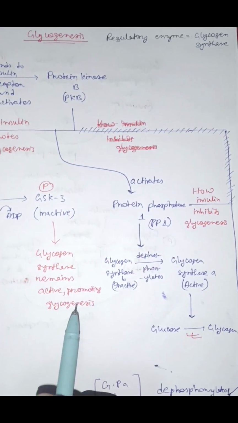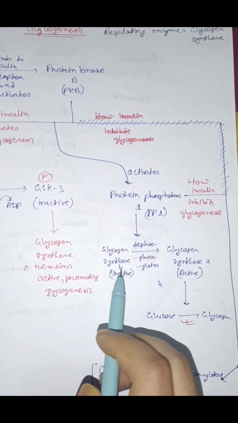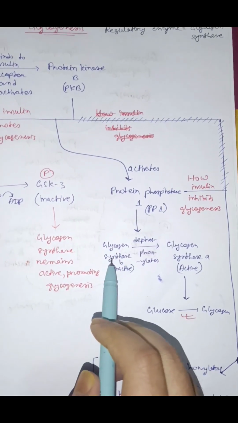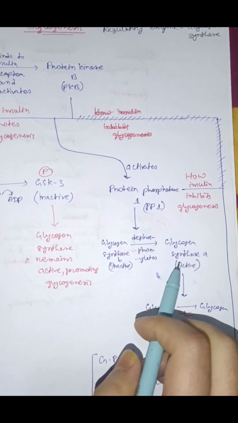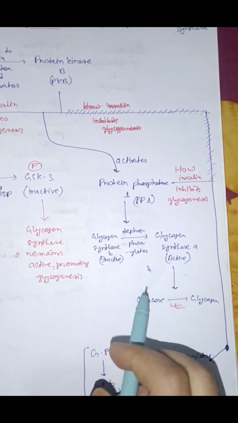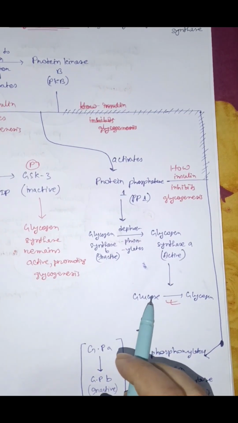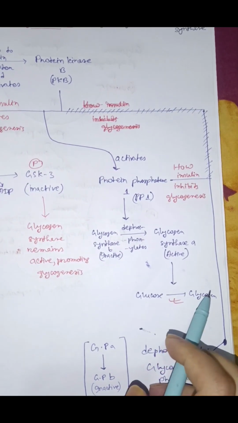PP1 dephosphorylates glycogen synthase B, which was initially inactive, but after dephosphorylation it becomes active glycogen synthase A. Now this active form of the molecule can easily convert glucose to glycogen.